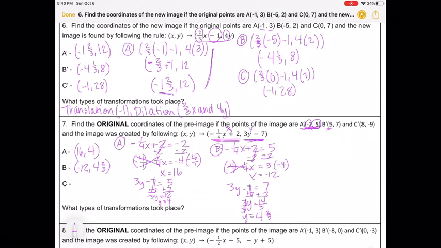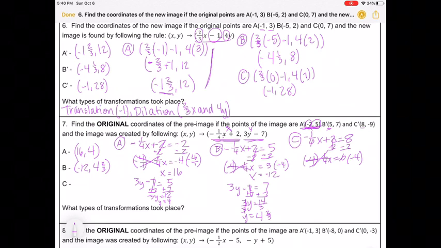Remember, try to leave fractions with the denominator of 3 as a fraction since it's a non-terminating decimal. Okay, and C, so negative 1/4 x plus 2 equals 8, minus 2, negative 1/4 x equals 6, times by the reciprocal.